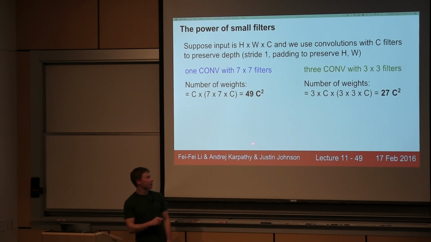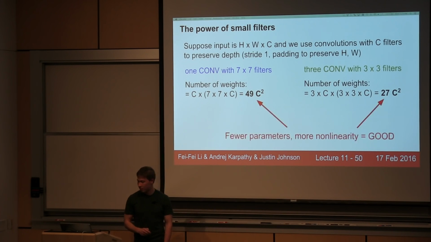Because you've got this 7x7 convolution, each one is looking at a depth of C, and you've got C such filters, so 49C². But now for the 3x3 convolutions, we have three layers. Each filter is 3x3 by C, and each layer has C filters. When you multiply that all out, we see that three 3x3 convolutions only have 27C² parameters.